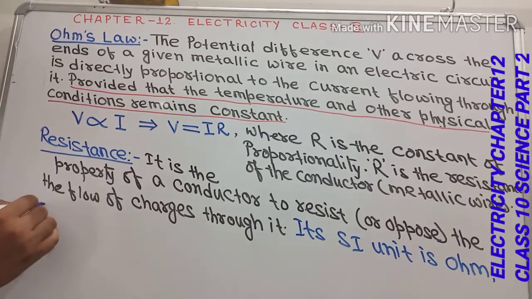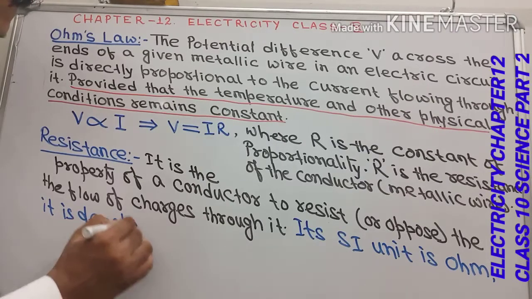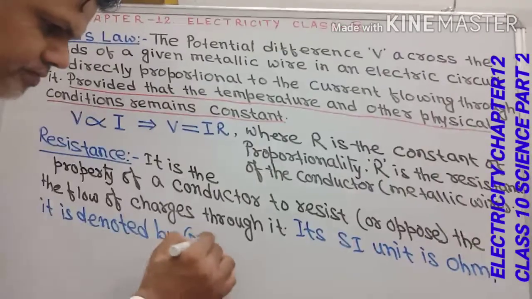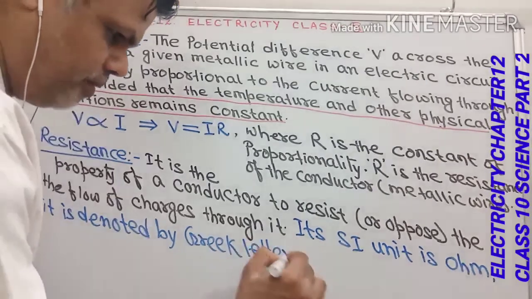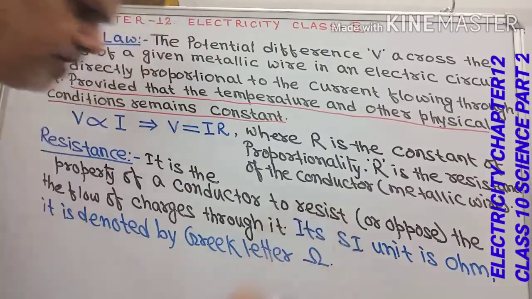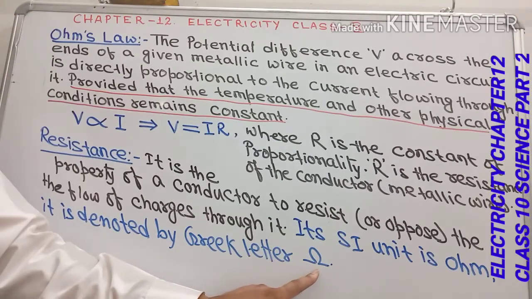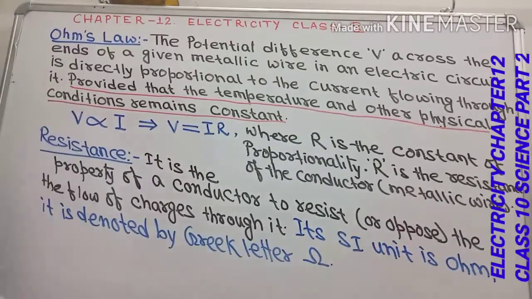It is denoted by the Greek letter omega. This is the symbol of ohm.